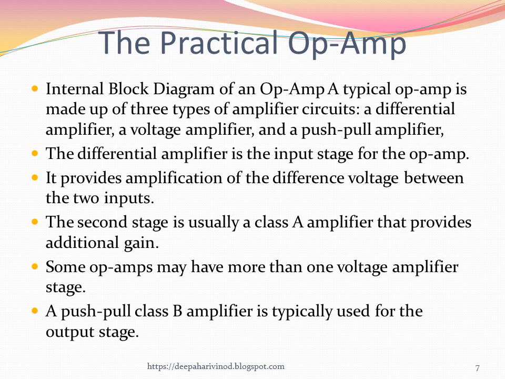So this is the block diagram: at the input stage we can see a differential amplifier, then a voltage amplifier, that is the gain stage, and then a push-pull amplifier. This is the basic internal arrangement of an op-amp.